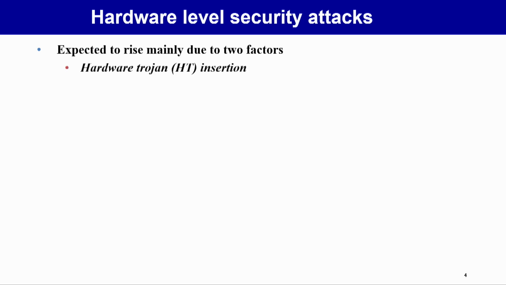The first factor is hardware Trojan insertion. There are a lot of electronics manufactured. If someone wants to attack a system, say from one country to another country's system, engineers or someone from inside can insert hardware Trojans. When things operate, they let the whole system down.